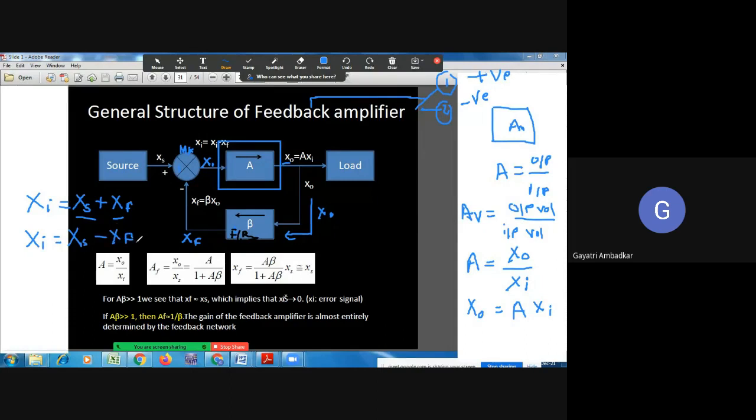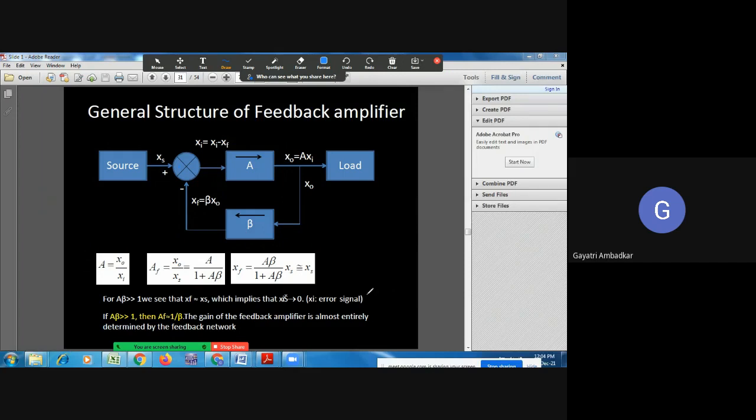If they are in phase, they are additive. If they are out of phase, they will be subtractive. So remember, there are two types of feedback. One is positive feedback, another is negative feedback. How will you define positive feedback? If the input signal and the feedback signal are in phase, then it is positive feedback. If they are out of phase, then it is negative feedback.